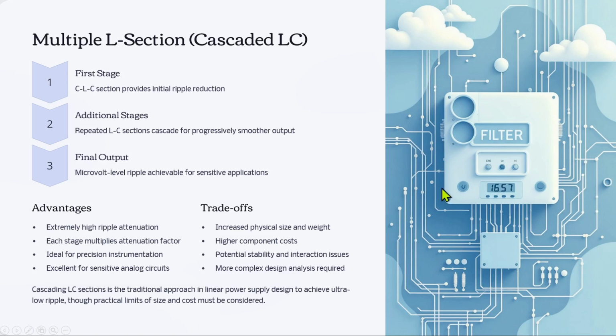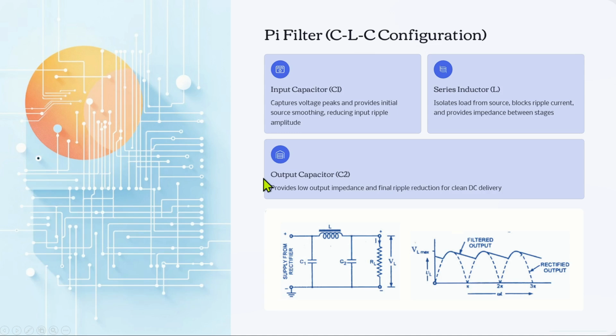Now next moving ahead, if you want the maximum value of voltage, that means the peak of the input, to be retained in the filtered output, then we have to go for another type of filter, which is known as capacitor input filters or also known as pi filters.